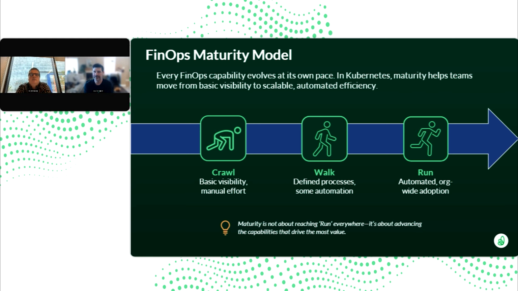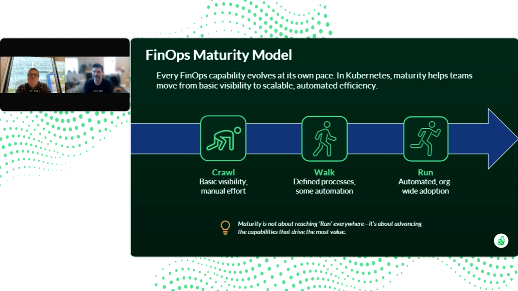These capabilities are going to evolve at their own pace. In Kubernetes specifically, maturity helps you look at how you move from a very basic structure, where you're just getting insights and visibility into your Kubernetes clusters, all the way over to the run phase, where you're really looking to automate and create a lot of efficiency along the way.